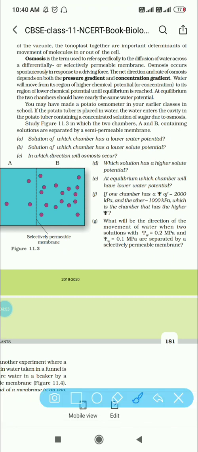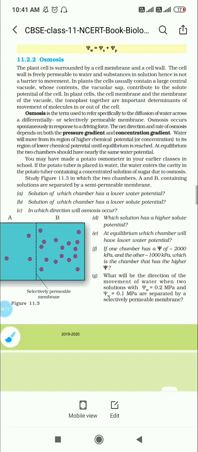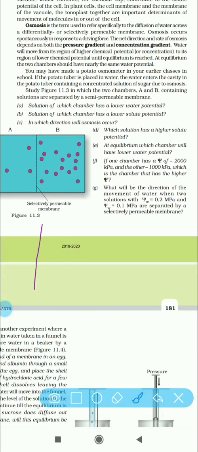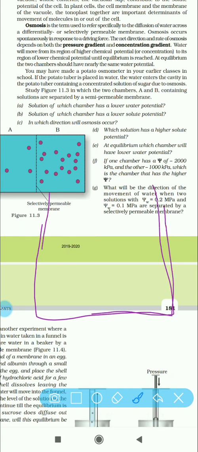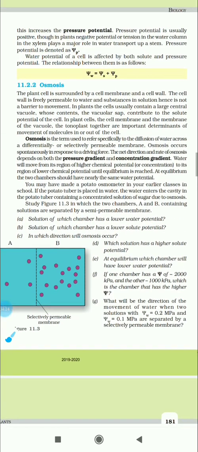Now we'll take a simple experiment mentioned here, the potato osmometer, which you might have done in your school practicals. Let's say we have a beaker, and I'm drawing a beaker over here.